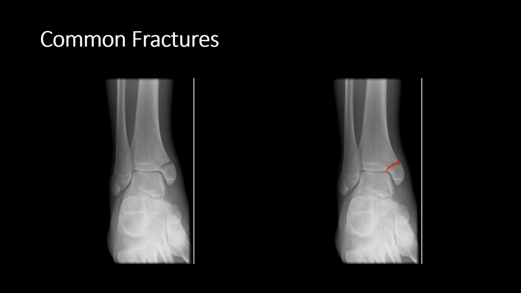So even though we can see from our mortise joint that the lateral clear space, the superior clear space and the medial clear space are all preserved, they're all 4 millimeters or less, if this patient then stood up and walked on it, it's highly likely that this will cause displacement to the fracture site, and because the medial malleolus is disrupted, it can no longer hold the talus in place medially, so there is the potential for medial talar shift.